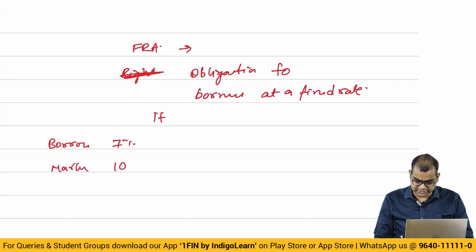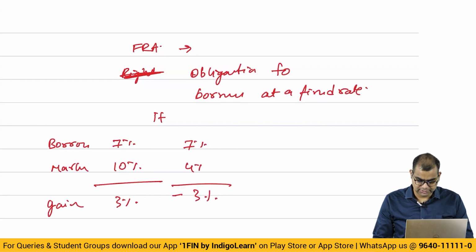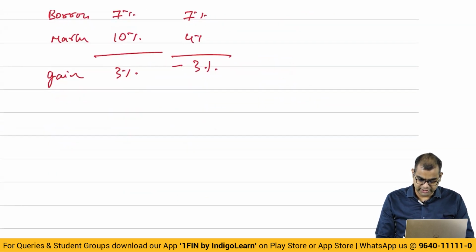Market is at 10%. I make a gain of 3%, correct? If I borrow at 7% and market is at 4%, I will make a loss of 3%, correct? Right? Now, interest rate option, okay?